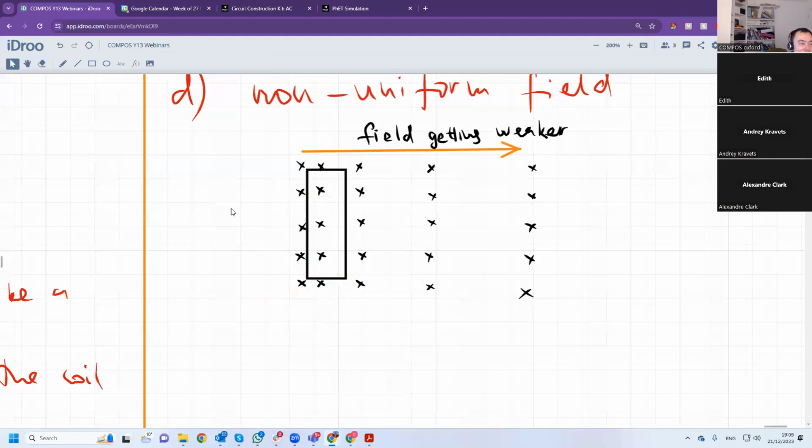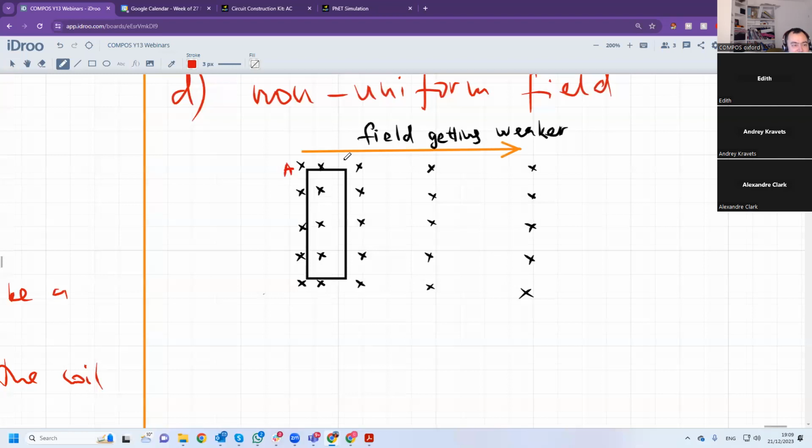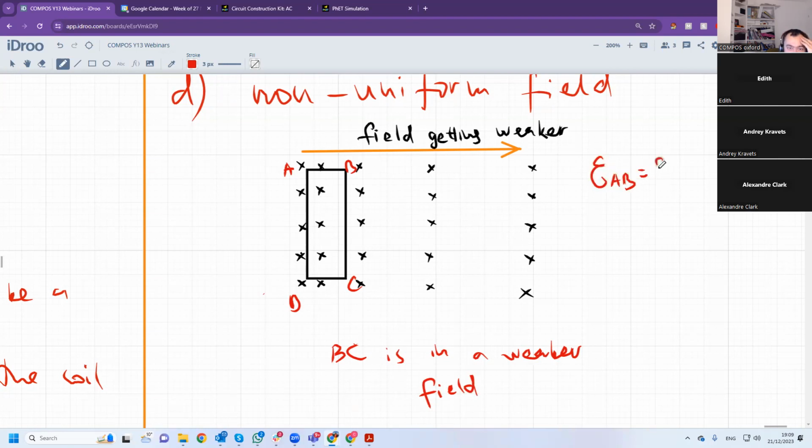So now we have the two edges, A, B, C, D. We can see that BC is in a weaker field. And that means that EMF AB is still 0 and EMF DC is still 0.